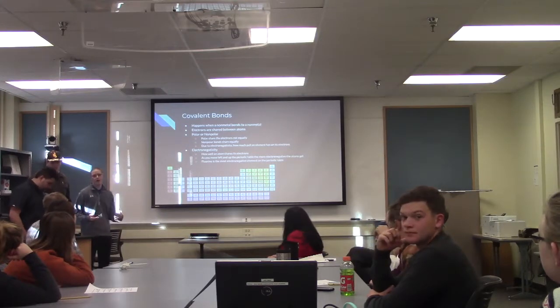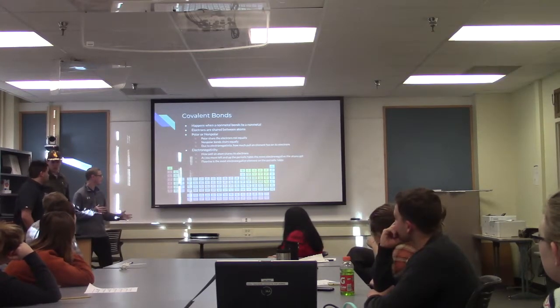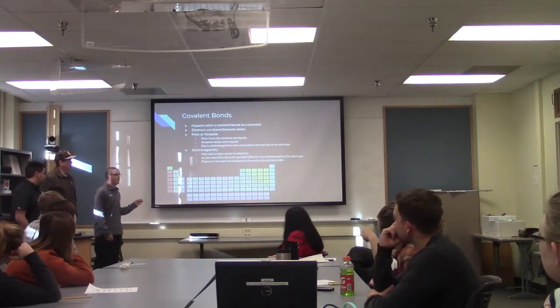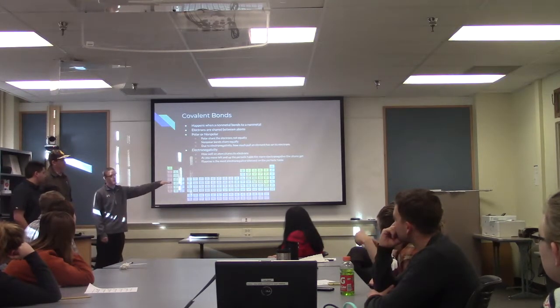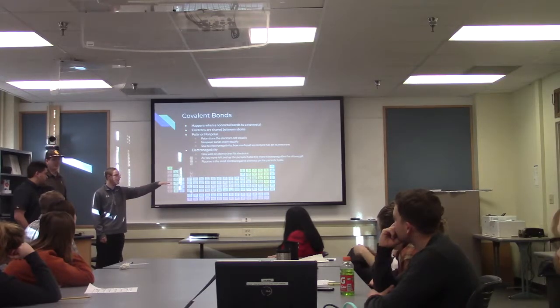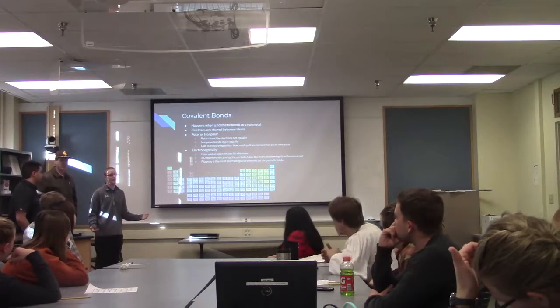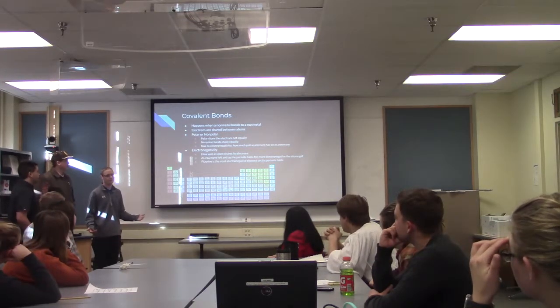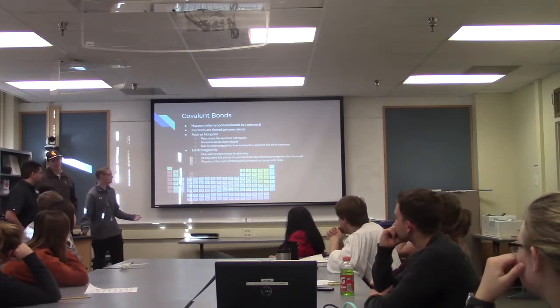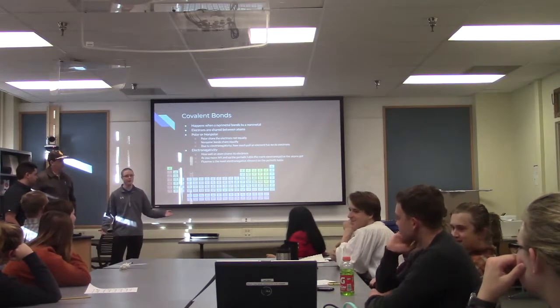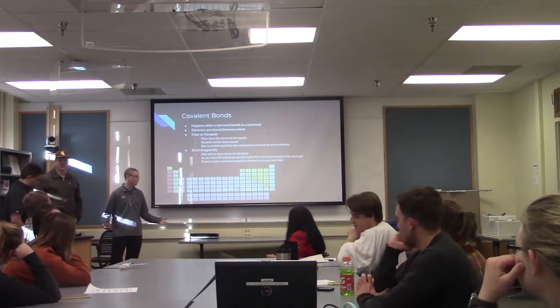What I mean by how they share electrons is the electronegativity. Electronegativity increases as you go across the periodic table to the right, and up. So what's the most electronegative element? It's fluorine. You don't care about the 8th column because they all have 8 electrons in the valence shell.